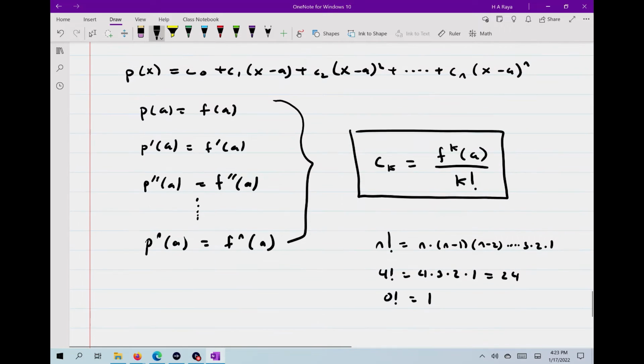So if we want to find this polynomial, we can easily find the coefficients using this formula.